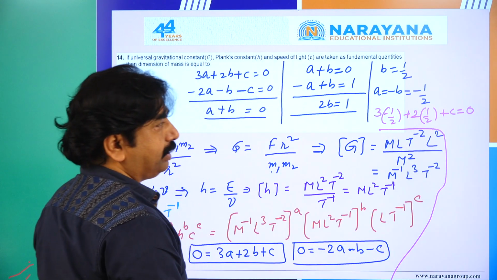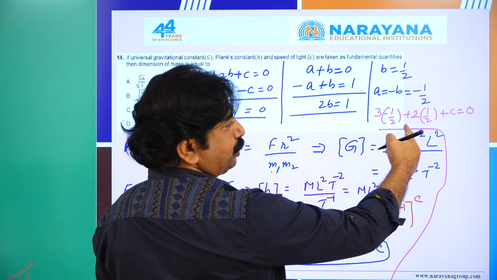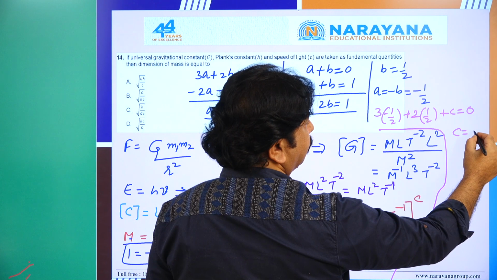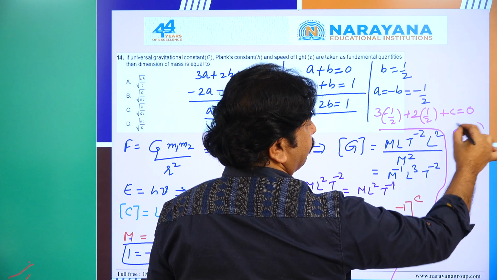So finally minus 3 by 2 plus 1 and c is equal to 1 by 2 only.